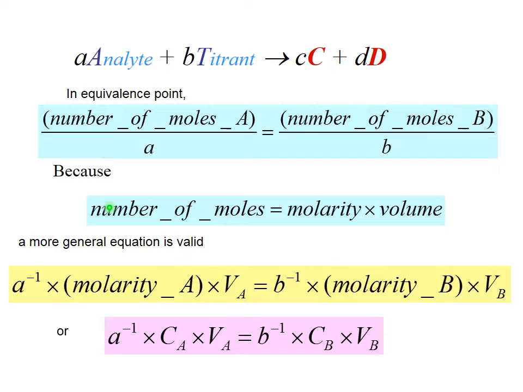So we can write molarity multiplied by volume instead of number of moles. Molarity of A multiplied by volume of A divided by coefficient A is equal to molarity of B multiplied by volume of B divided by coefficient B. You can write it in shorter form.